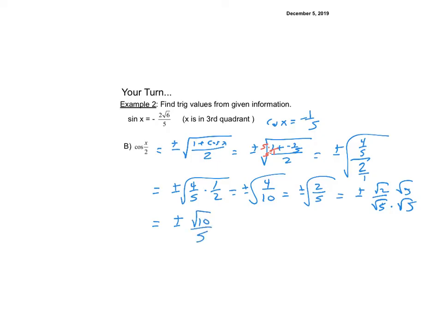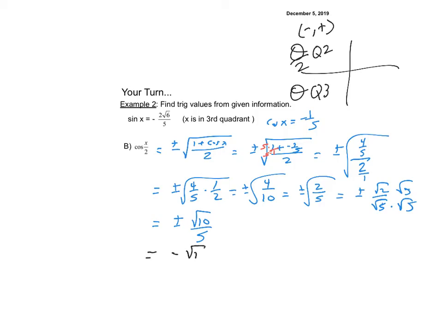All right, so remember, we're in the third quadrant, and if our original angle is down here in the third quadrant, then our half angle is going to be up here in quadrant 2. And our ordered pair up here goes negative and then positive. So since this has to be negative, it's negative square root of 10 over 5.